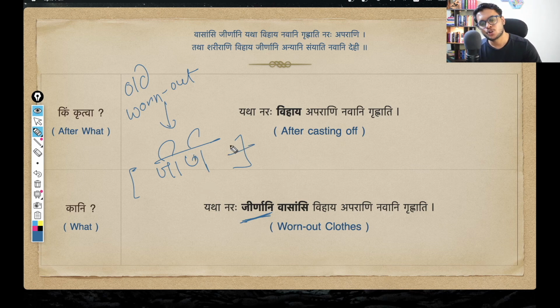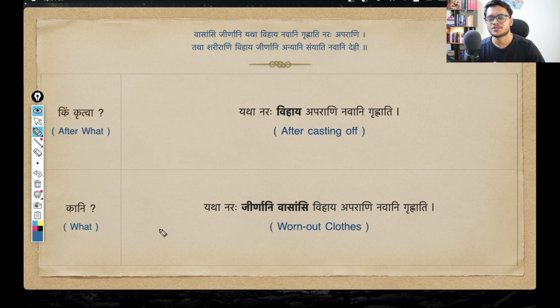Okay, and since this is also an adjective to the same vasamsi, so again it is also taking the same second vibhakti, dutiya vibhakti, plural. Okay, jirna changes into jirnani. Okay, so I hope all these words are clear. Again, pretty straightforward. Now the entire structure, this entire first line, means yatha naraha jirnani vasamsi vihaya aparani navani grihnati.